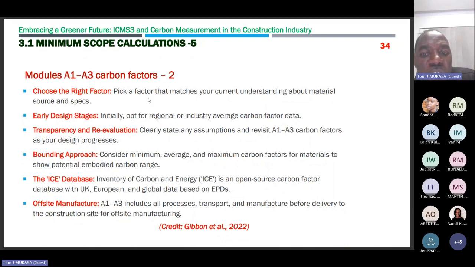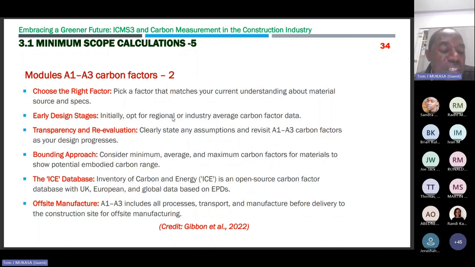Initially opt for regional or industry averages. Always be transparent, clearly state any assumptions, and revisit the carbon factors as your design progresses. Consider minimum, average, and maximum factors for materials to show the potential range.